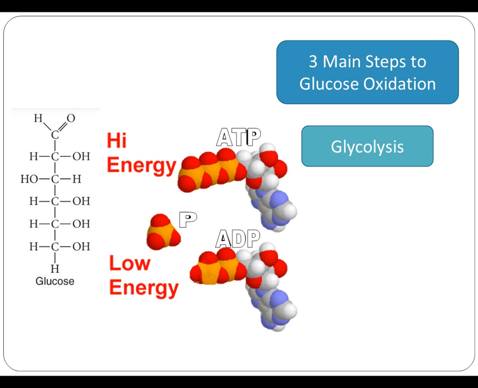In this pathway, we want to follow pyruvic acid or pyruvate metabolism because it has more carbon atoms and more what? More stored energy.